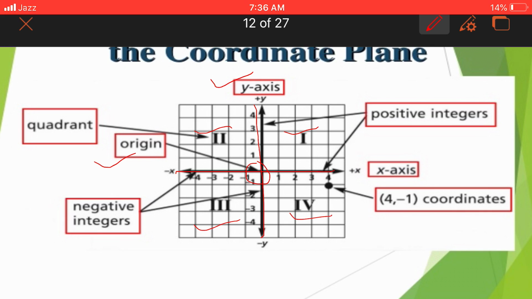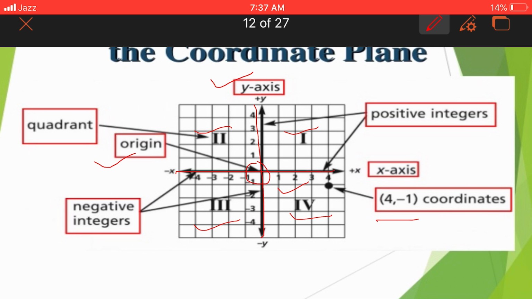And if we are going to locate any point (4, -1) in this Cartesian coordinate plane, then what should we do? Since in (4, -1) x is positive and y is negative, y is -1 here, it will be in the fourth quadrant. So how can we plot it?